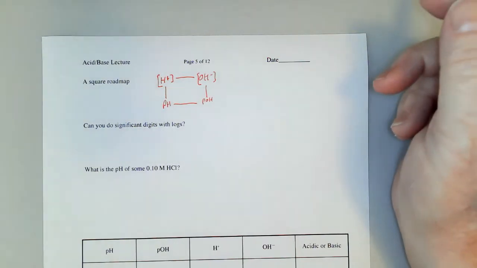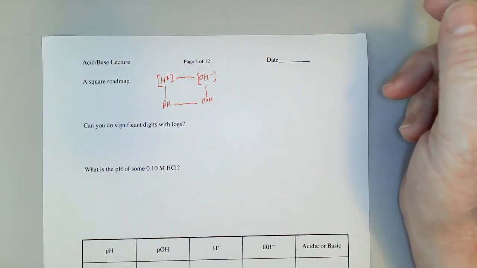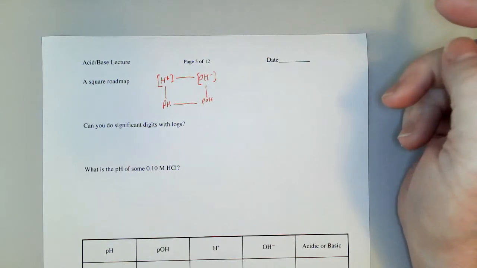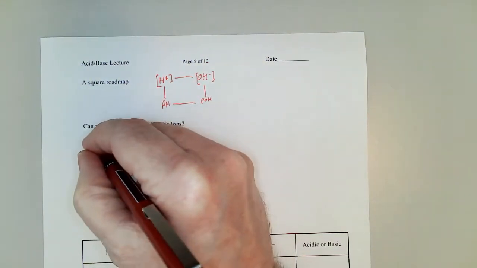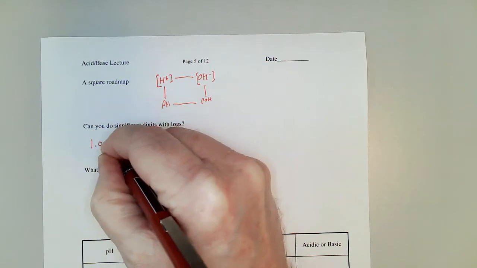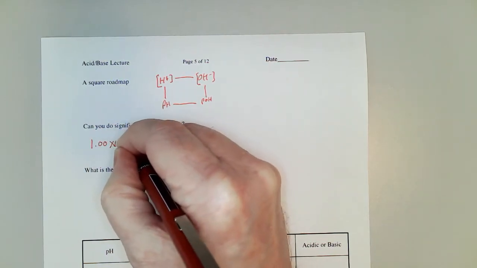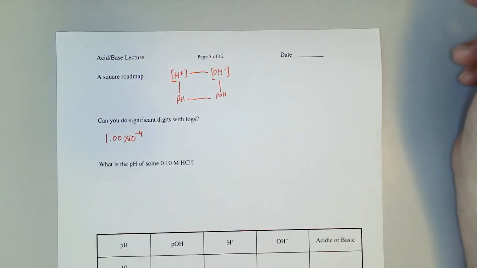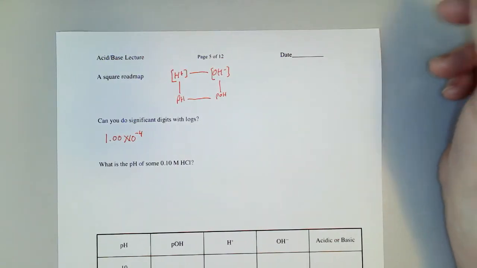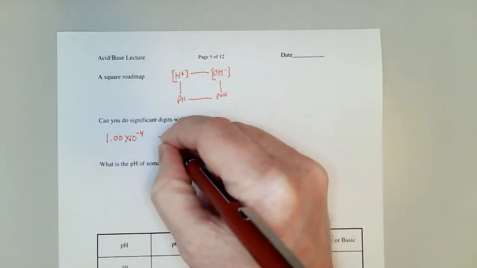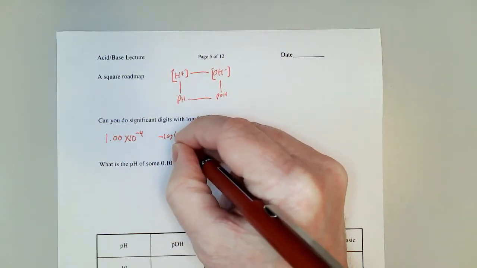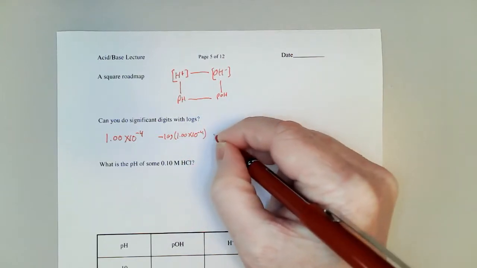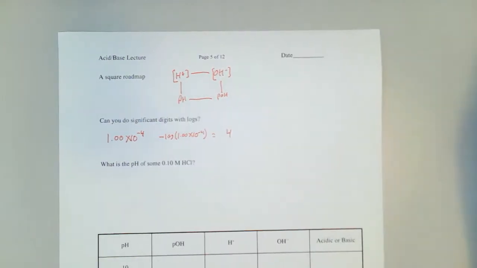Okay? Now, sig figs with logarithms. It is possible. Let's imagine that we have the number 1.00 times 10 to the negative 4th. That has 3 sig figs, the way we've learned to do sig figs. When you take the negative log of that number, your calculator is going to tell you 4.